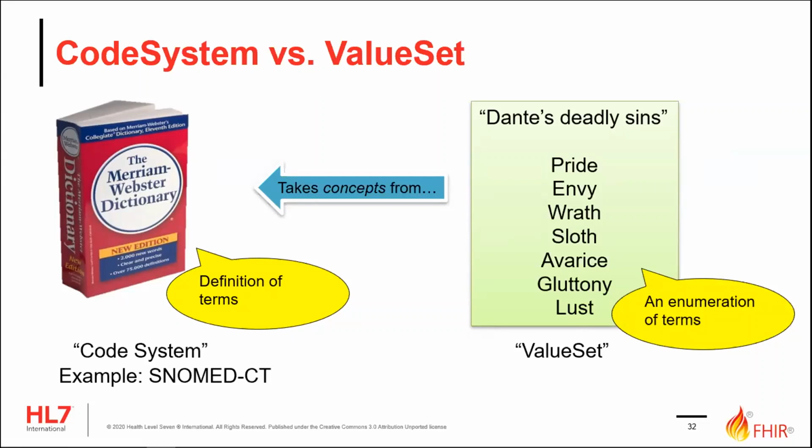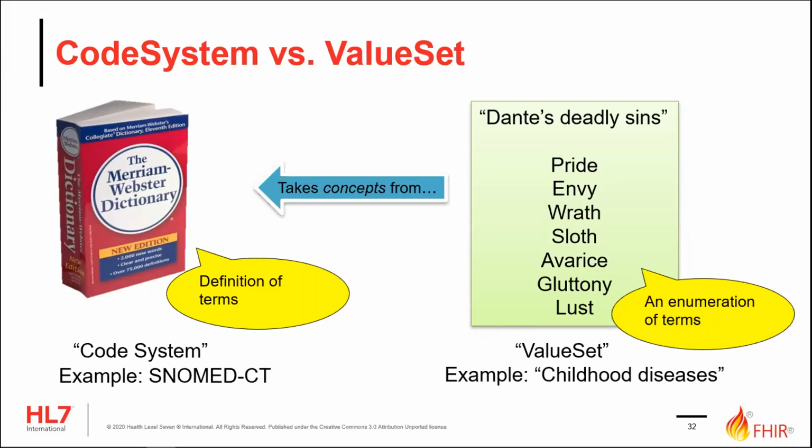They don't have to be official, registered, externally maintained things. If you have a Dr. Bob and they have a set of codes that they use for describing a particular type of tumor, that is a code system. It may be that nobody else recognizes it or understands it, but that is still a code system. Your value sets, on the other hand, are targeted at a particular use case.